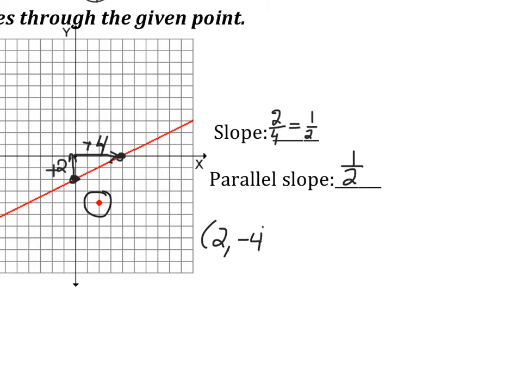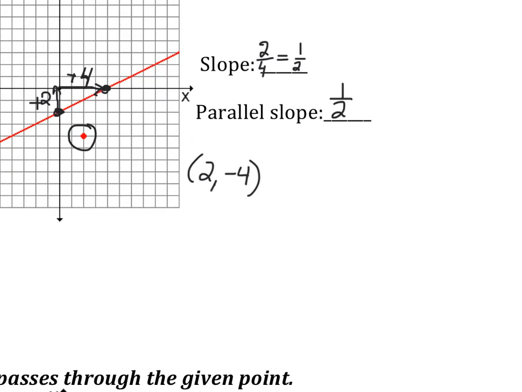So when we write our equation, we're going to say y minus y1, so y minus a negative 4 is equal to our slope m, which is 1 over 2, and then in parentheses x minus x1, so x minus our positive 2.